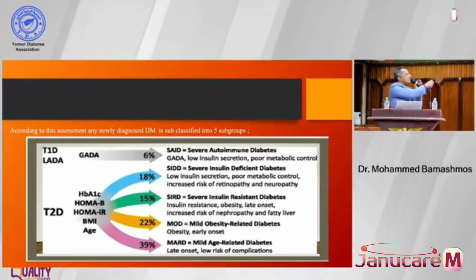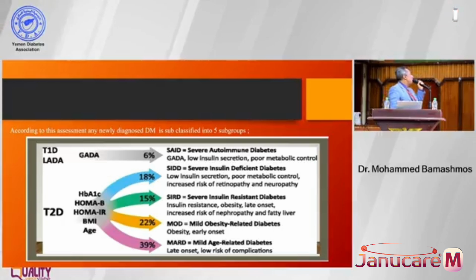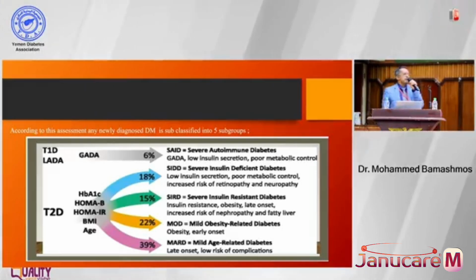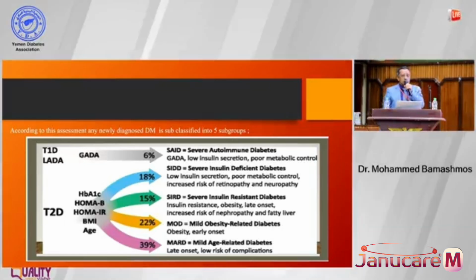According to this clinical and laboratory assessment, diabetes is now classified. What was previously called type 1 diabetes is now called severe autoimmune diabetes, and this accounts for 6% of diabetic patients. It is characterized by the presence of positive glutamic acid decarboxylase antibody.